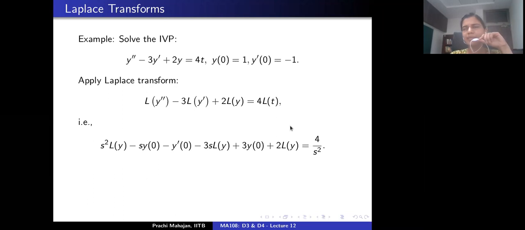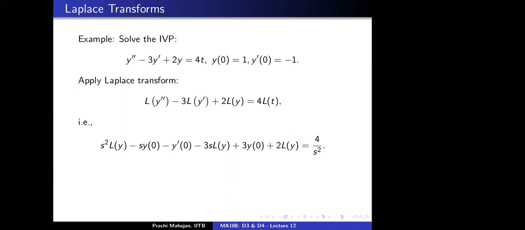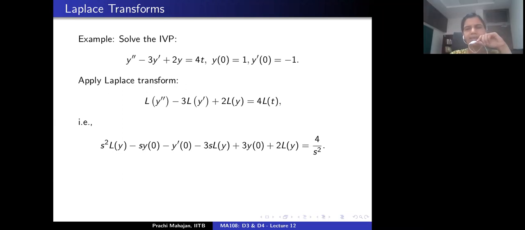You remember the Laplace transform of the function t to the power p is gamma of p plus 1 by s to the power p plus 1, correct? Which holds when p is at least as big as minus 1.